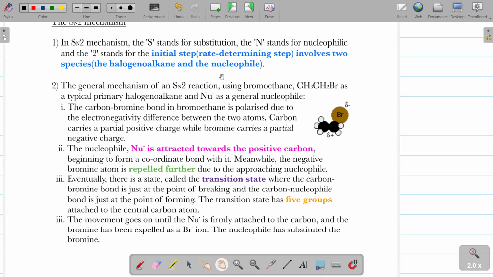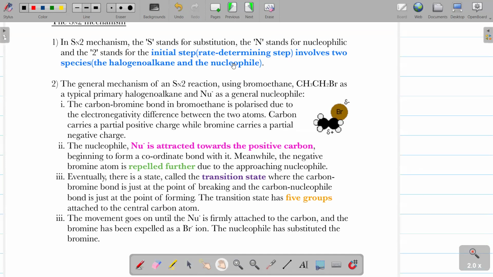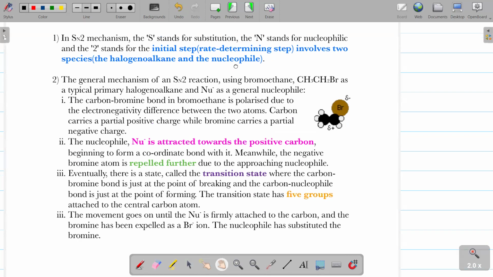What is molecularity? The number of molecules which are participating in the rate determining step. So look at this. 2 stands for the initial step, which is the rate determining step, involving 2 species. So 2 molecules. One of them is halogenoalkane and the other one is the attacking nucleophile. Clear?